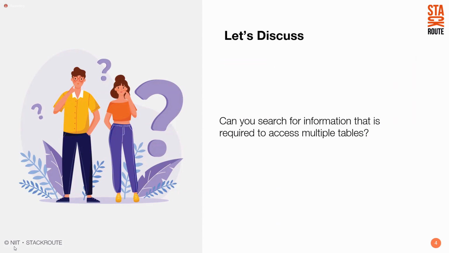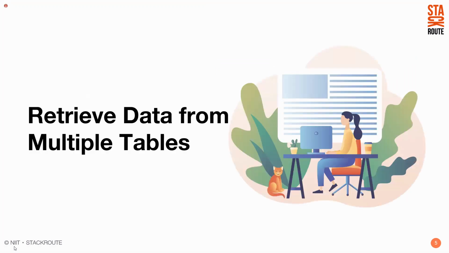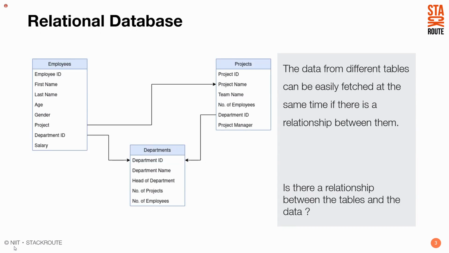To access multiple tables, one case is, if I have a relation, I can retrieve the data. What will happen if I don't have a relation at all? That is also possible. With a foreign key relationship, an attribute of one table exists in another table. If the attribute does not exist, what do we need to do?